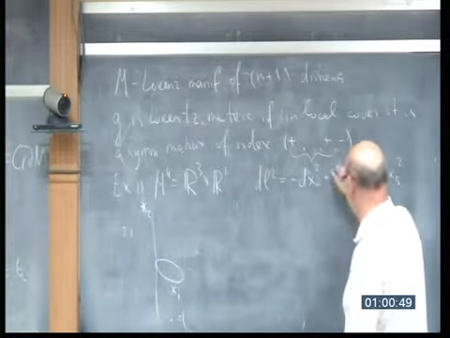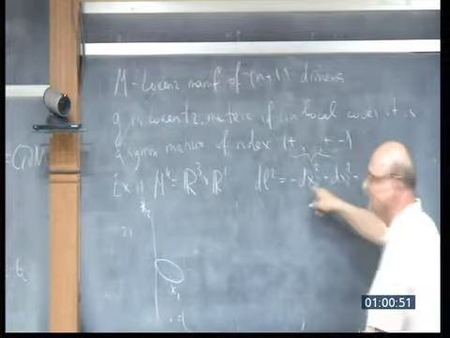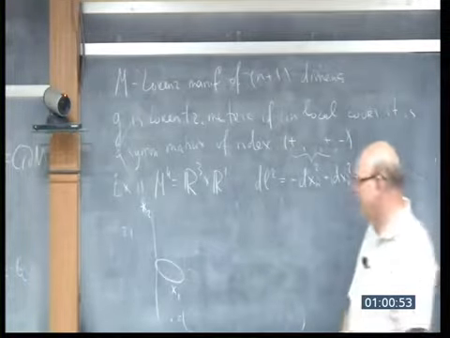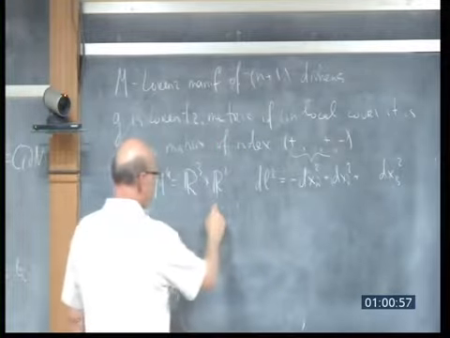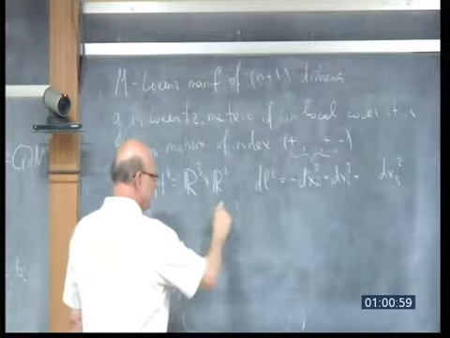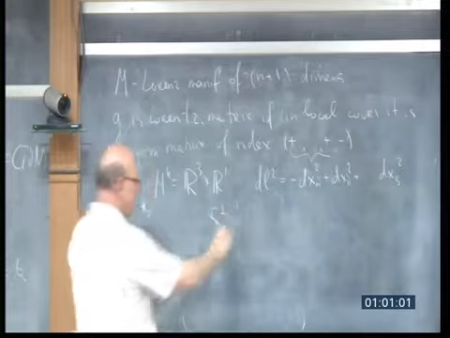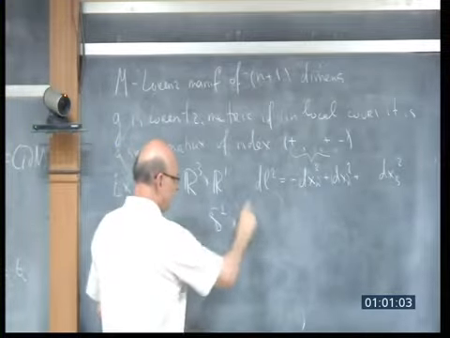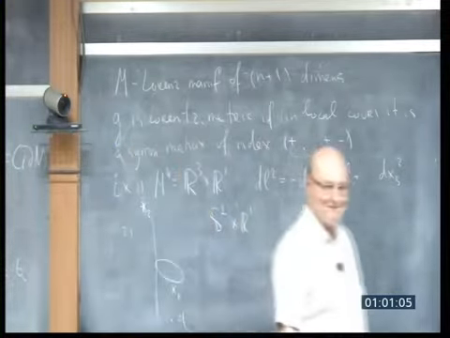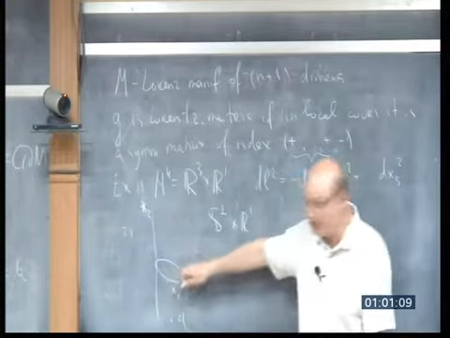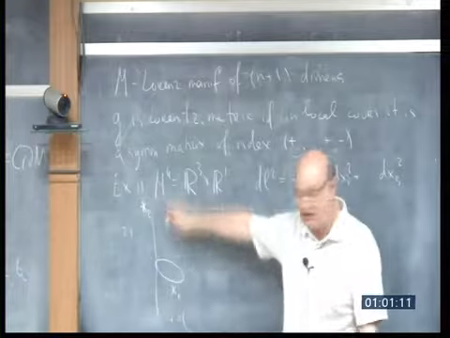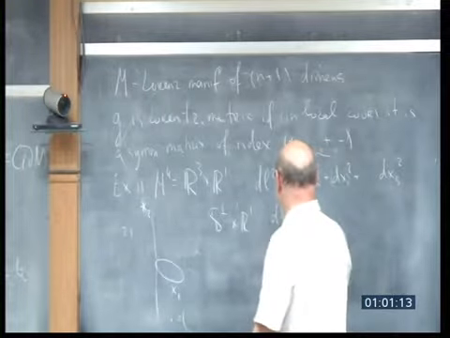This is the case of S1, which is one-dimensional, actually a circle, multiplied by R1. So you go around the circle, that's x1 that changes. You go along time, that's x2 that changes. So the dl squared will be the same.